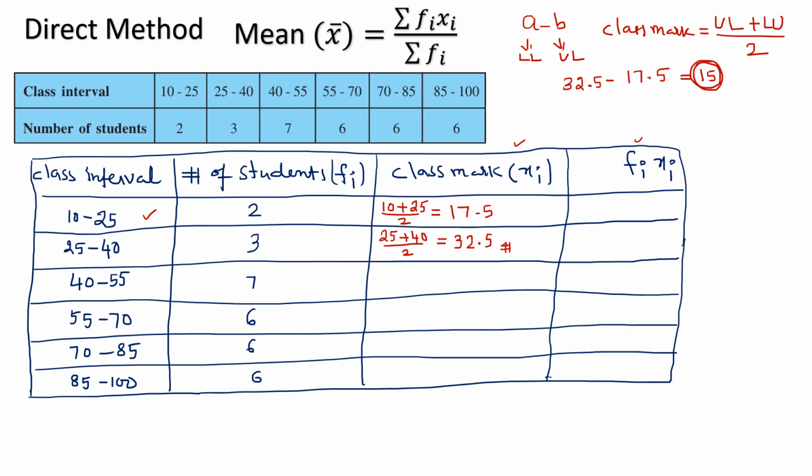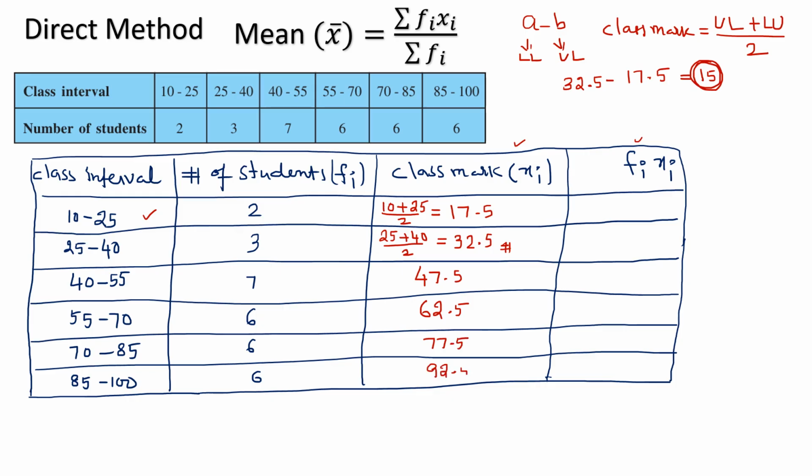Now you start adding this 15 to the previous class mark to get the next one. So 32.5 plus 15 is how much? 47.5, and 47.5 plus 15 is 62.5, and then 77.5, then we have 92.5.